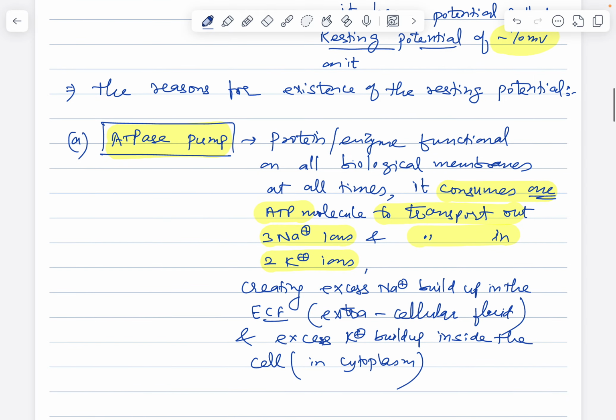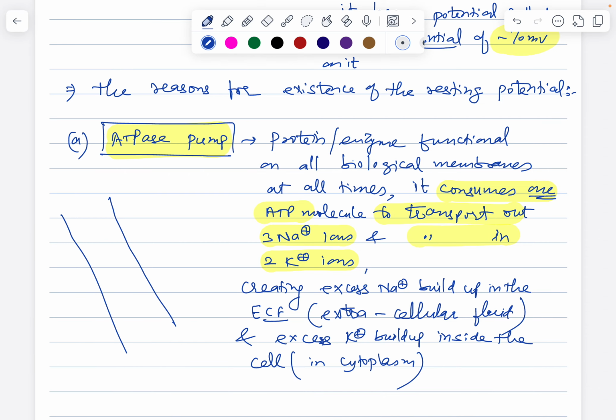So if you want to talk about, let's say, the representation of an axon membrane here, there is always the operation of a protein pump called the ATPase pump. The ATPase pump consumes one molecule of ATP, and per ATP molecule consumed, it transports out how many sodium ions? 3.